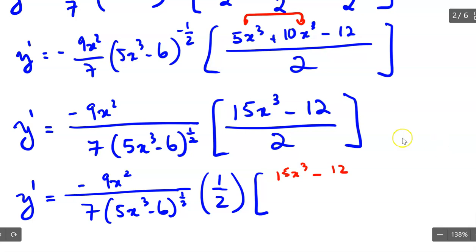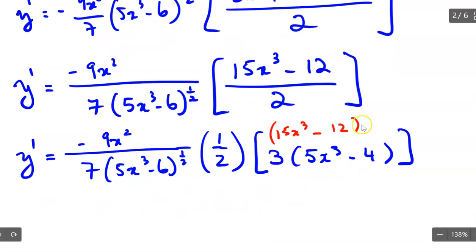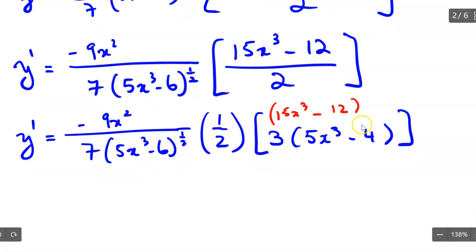But there's a common factor between these two. Okay, common factor between these two. So therefore, if I factor that, it will be 3 times 5x cubed minus 4. Okay, then you can take the 3 out and multiply with the negative 9.